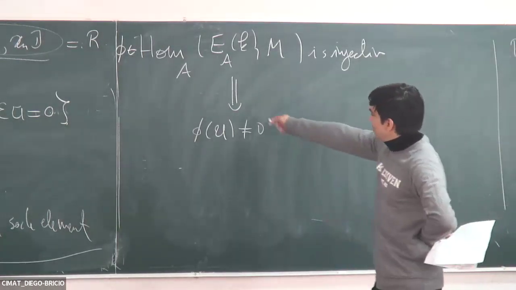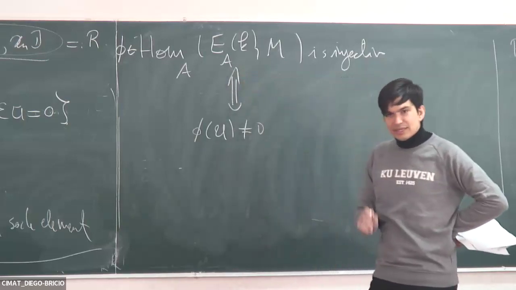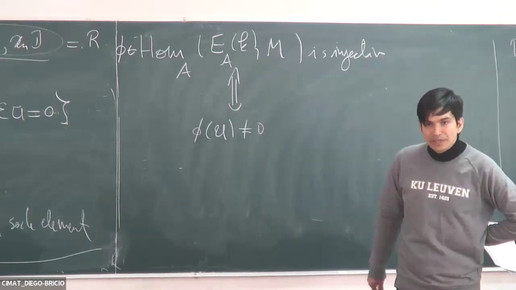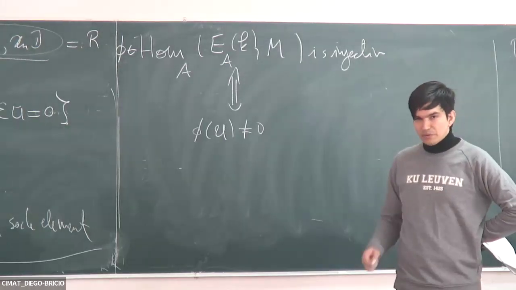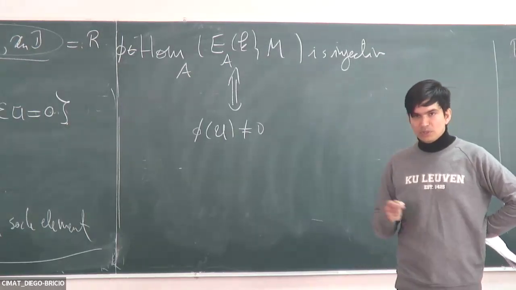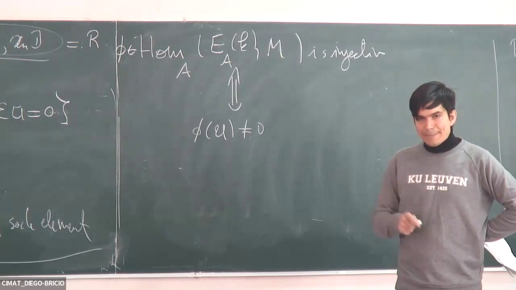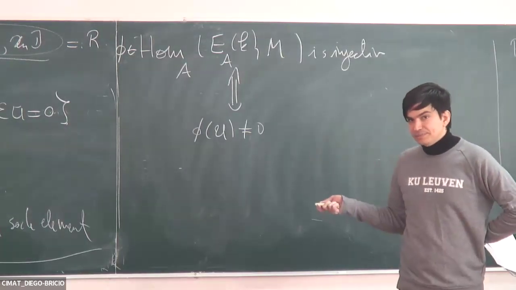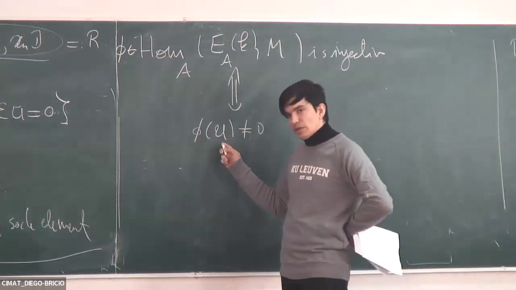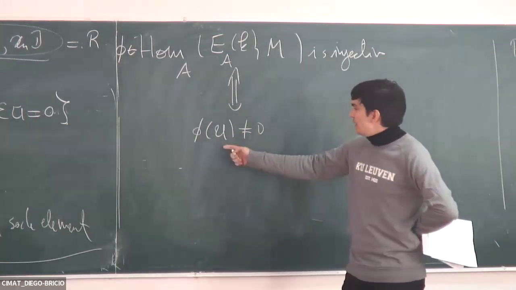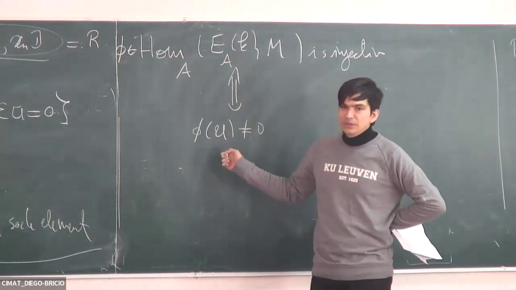But the converse is true, and that's one of the wonderful things about the socle element. Probably from last time you see that it is very important to tell when a map from E is injective. And so it suffices to verify that the socle element doesn't vanish. Why is this true? Think about it.